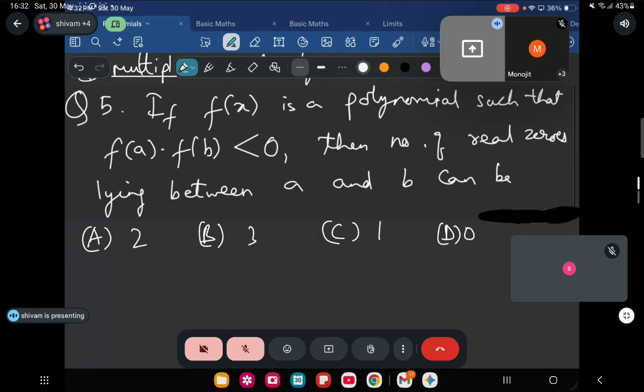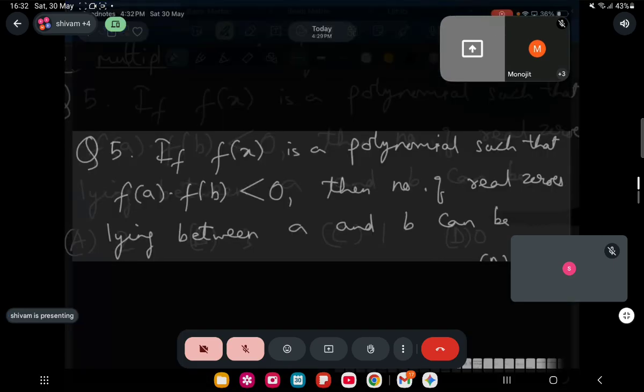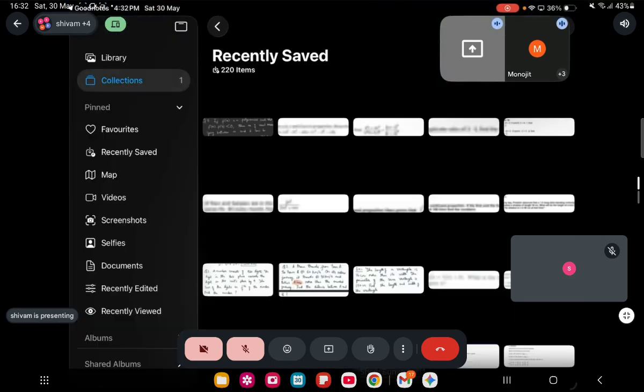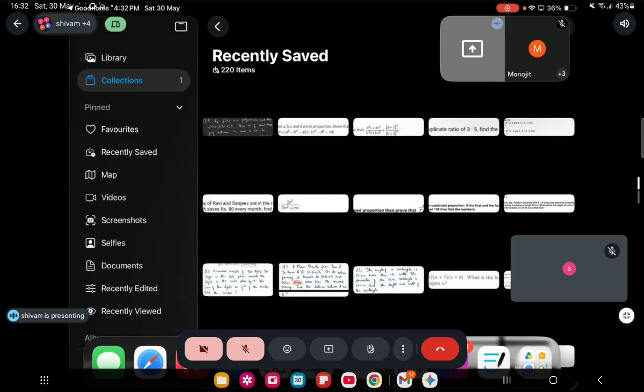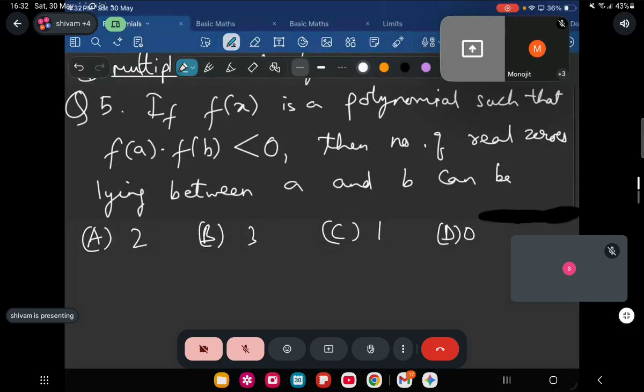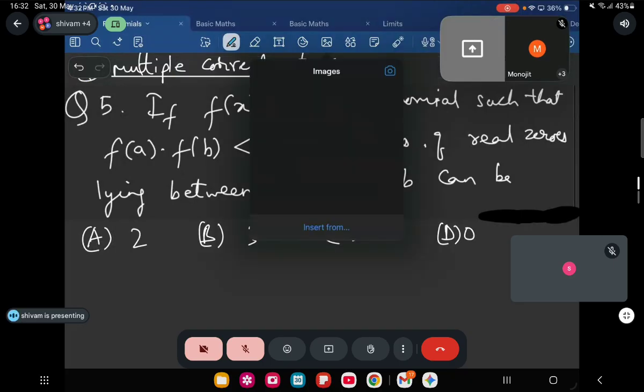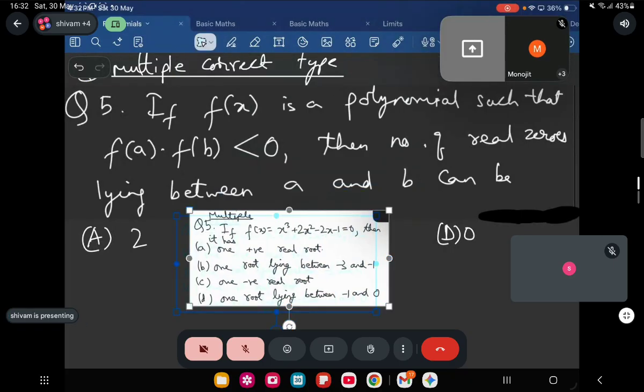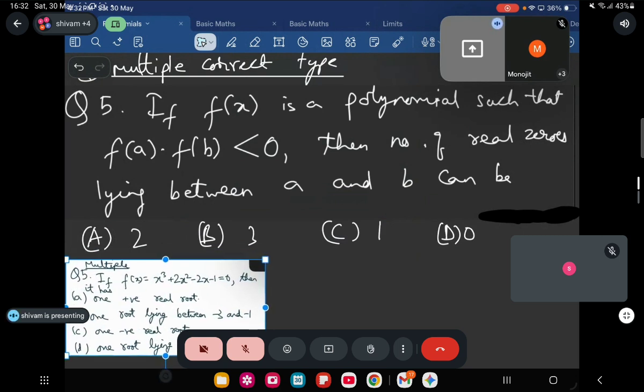Try to plot the graph of this function. Okay, a little bit. Sir, is it correct? I'm checking. Just give me 1 minute. Okay, I'm posting another question. Also multiple correct type, everyone.